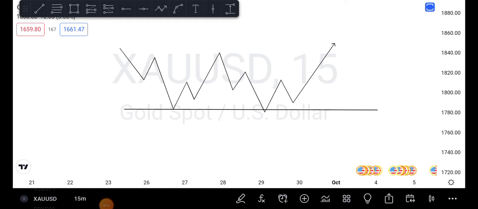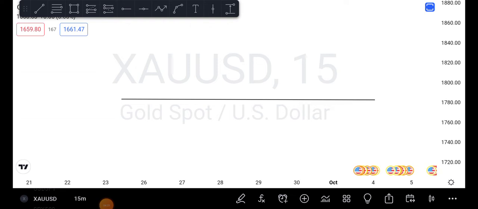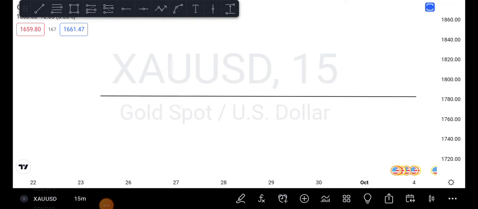Same with resistance, a support line does not last forever. But as a trader, you should learn to enjoy it while it lasts. There are some ways we can trade support and resistance, which we will be looking at very shortly. And there's one thing I want to underline: the market does not even have any idea that support and resistance exist.